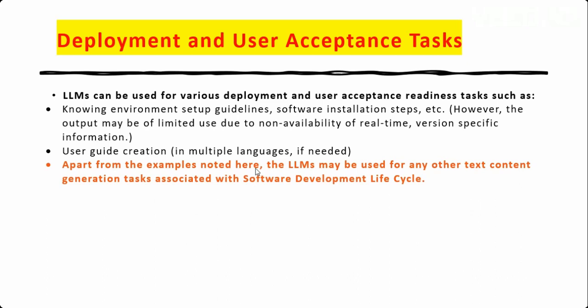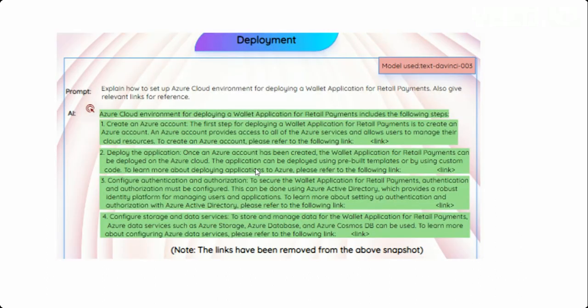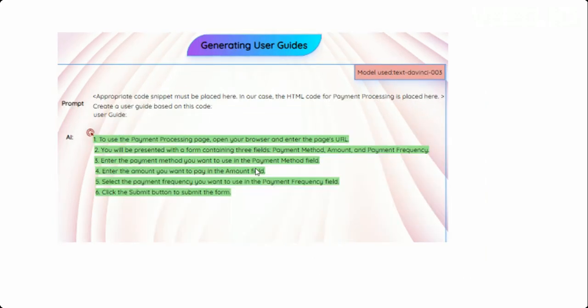Let's see an example: explain how to set up an Azure cloud environment and deploy a valid application for retail payments, and also give relevant links for reference. If you're not sure, it will give you the steps: first create an Azure account, then deploy the application, configure authentication and authorization, configure storage and data services. All these things and links it will provide you.